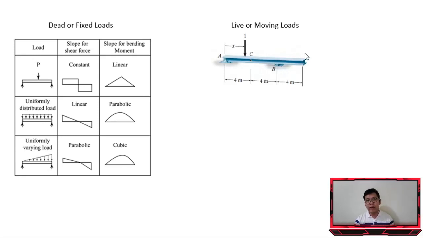Okay, so anyway guys, we can actually create an influence diagram na magdi-describe yung variation ng loading na to, but at a specific point only. Therefore we will create an influence diagram for a specific part sa beam. Now in this case, ito yung joint C na yan.